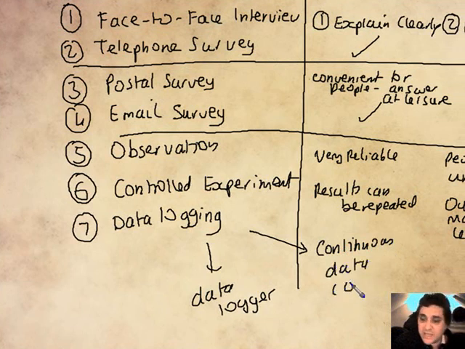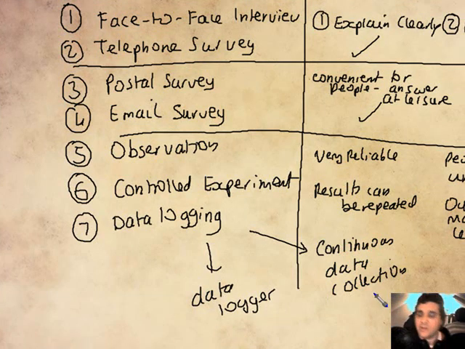I call it continuous data collection, because the machine won't get tired, so I can gather all the data, plug it into my computer and do some wonderful things with it. So I let the machine do the counting, but that's about all it can do, the data logger, and it can be switched on for weeks on end, and we'll then analyse the data later.